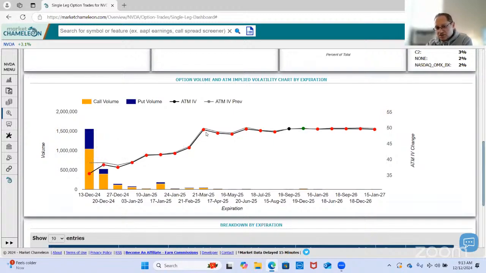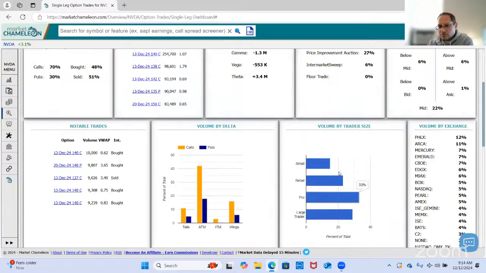So we could see that the implied volatility is increasing as you go out in time. It kind of peaks out here and levels off. And this appears to be also due to potentially an earnings event that's coming up, probably right around here. So this month is probably covering it, March 25th.